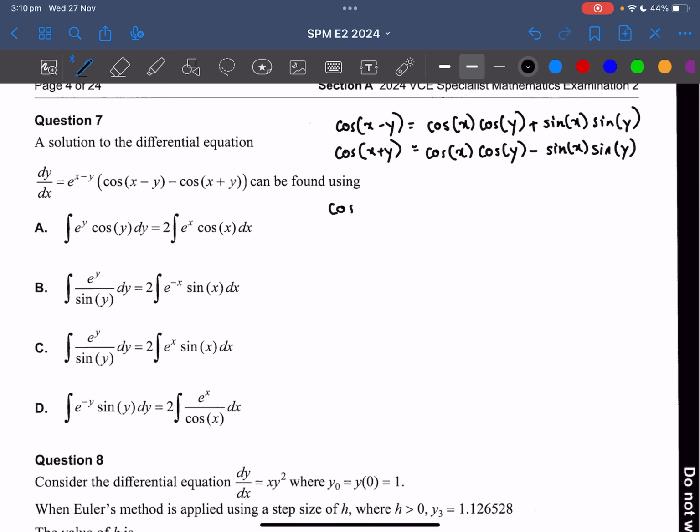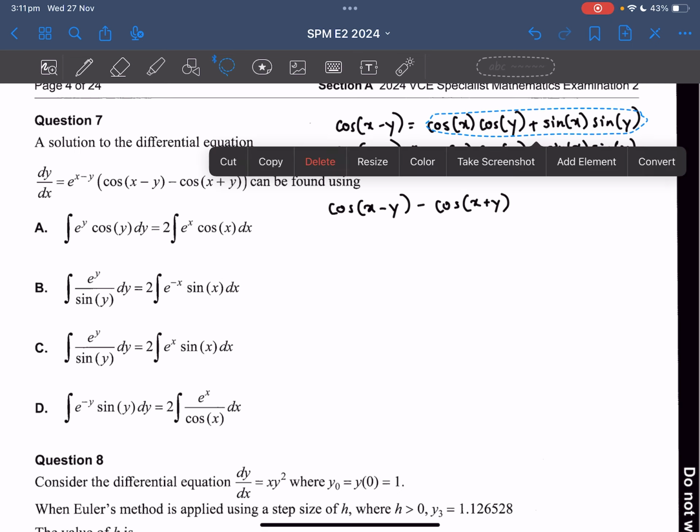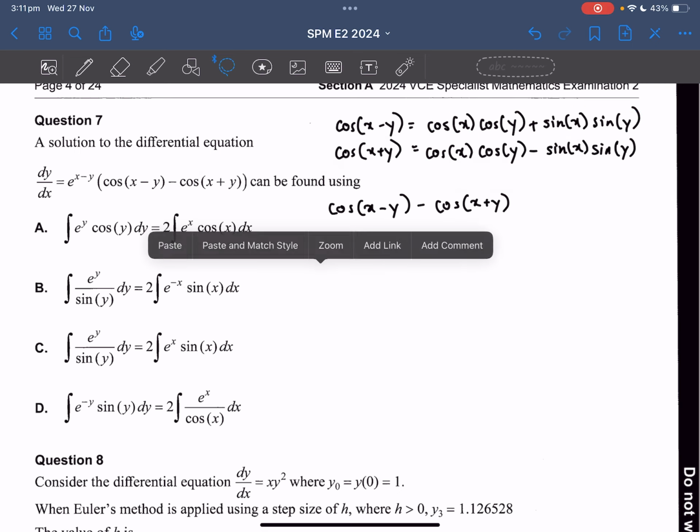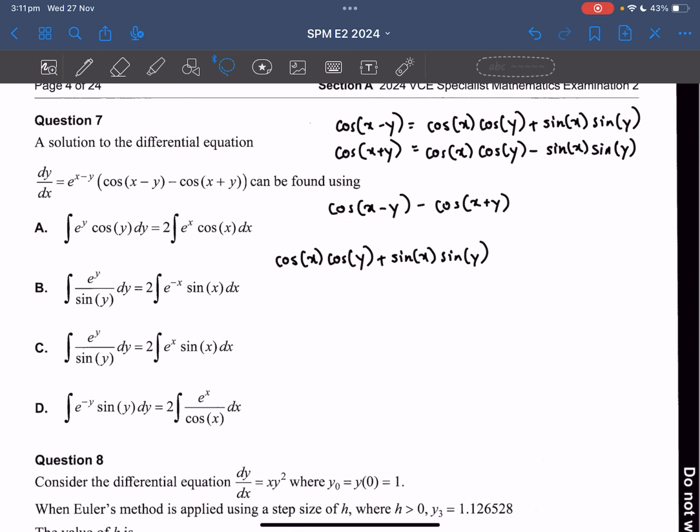And we are doing this, so cosine of x minus y take away cosine of x plus y. So basically we are copy and pasting, doing that, take away the whole thing here, copy and paste.